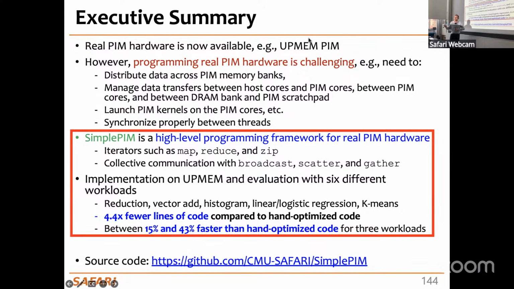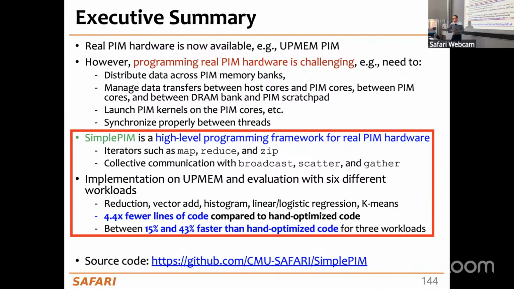And that's one of the benefits of having real processing in memory hardware, because you can study issues like this programming much more easily. For example, the programmer needs to distribute data across memory banks. Each bank is a multi-threaded processor in this case. It needs to manage data transfer between the host and the PIM cores, between DRAM banks and PIM scratchpad. This is particular to UPMEM.